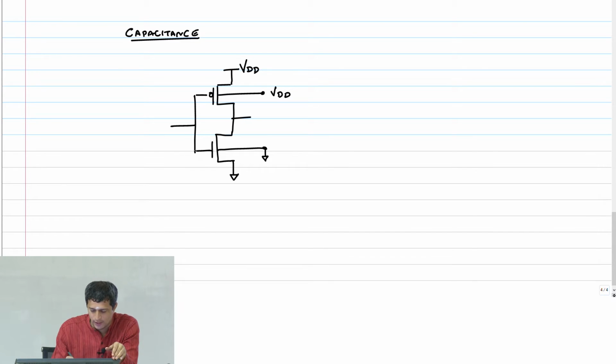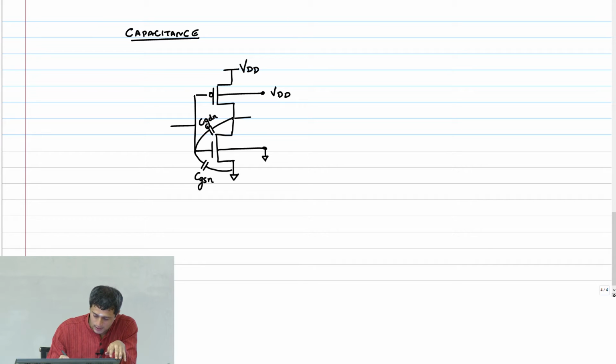So basically from gate to source, there is one capacitance. This is the CGSN. Then from gate to drain, there's one more capacitance, CGDN.